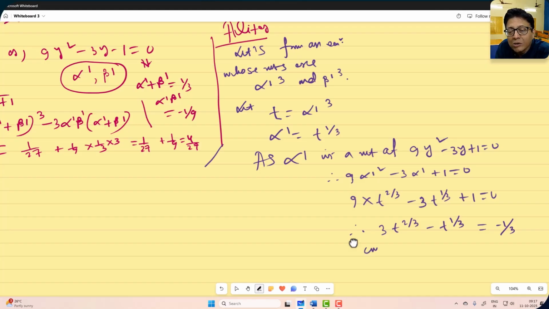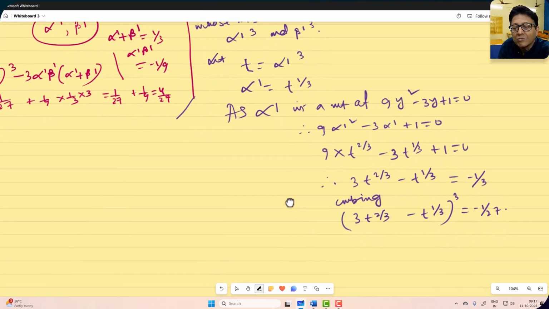Now cubing both sides, (3 t to the power 2/3 minus t to the power 1/3) cube equal to minus 1 by 27. Simplify it. This is going to be a cube minus b cube minus 3ab into (a minus b).